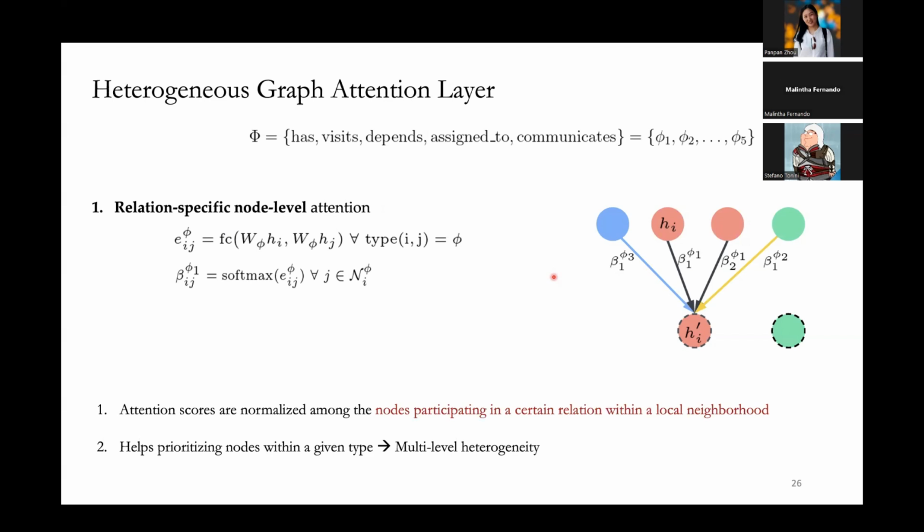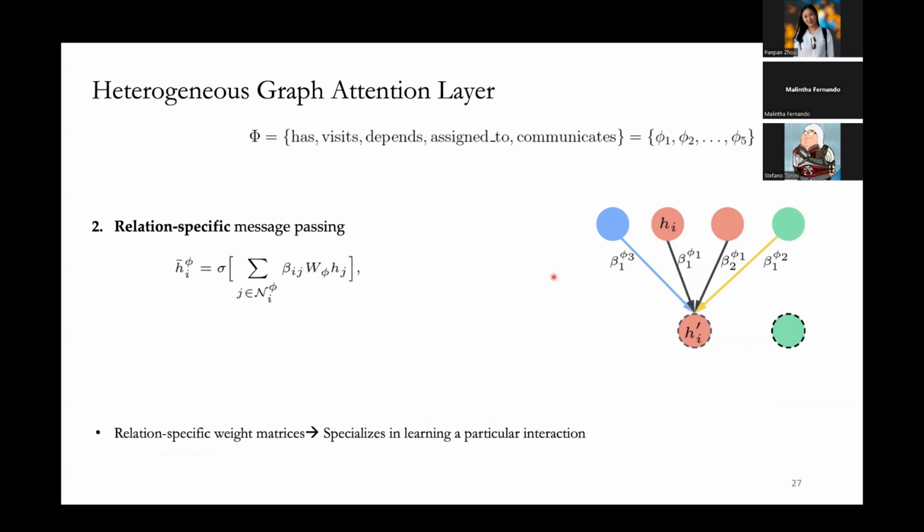The good thing about that is it helps prioritize nodes within a given type. For example, now this red node can calculate the importance of hi versus hj to me. Then the other problem was the projection matrices.